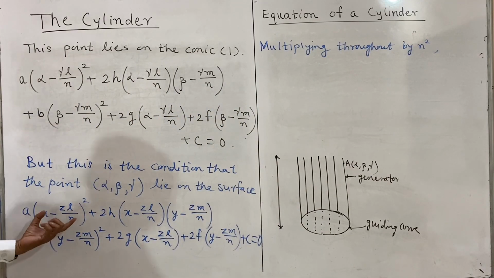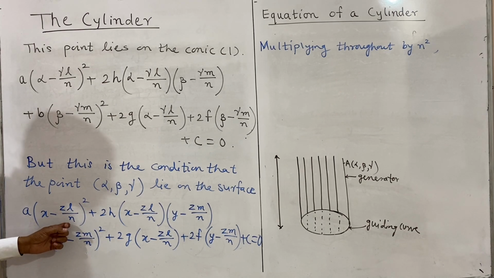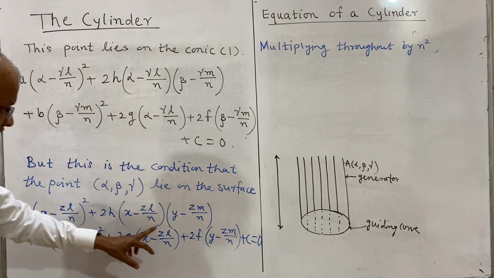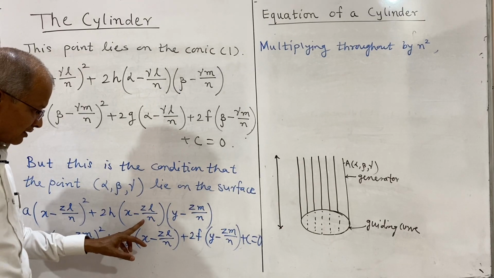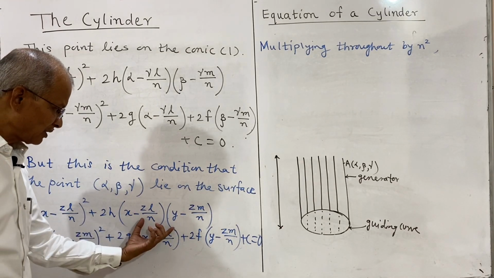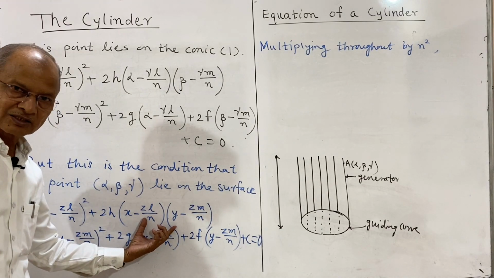Now why we shall multiply: to avoid this denominator term. So this after subtraction will be (nx minus Lz) divided by n square, and when we multiply by n square this denominator n square term cancels. Here also there are two terms at the denominator, and therefore in the product the term at the denominator will be n square.